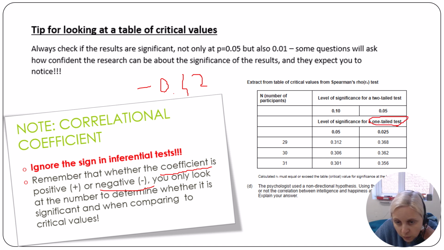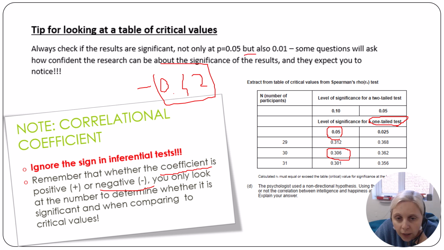Remember, directional is one-tailed. I can look at my p-values for 0.05, and the calculated value has to be higher than the critical value. With 0.42, you have to ignore the minus, because if not, it will always be lower than anything. So we just ignore the sign, and we look at 0.42, and it is larger than 0.36 at the p-value of 0.05.